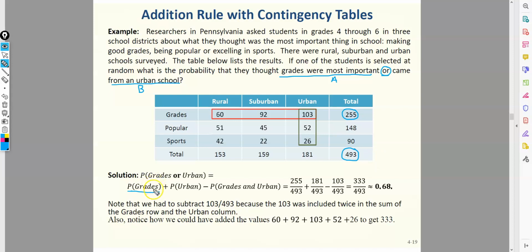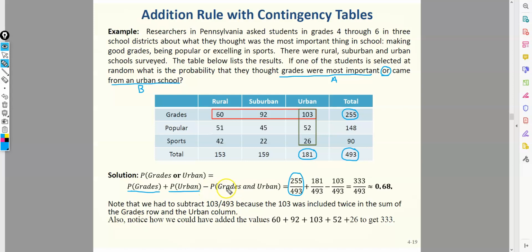So the probability of randomly selecting a student who thinks grades are most important would be 255 out of 493, which we have right here. Then the probability of randomly selecting a student and having them be from an urban school district, well, if we sum up all of these entries, that's 181, and so this probability is going to be 181 out of 493.